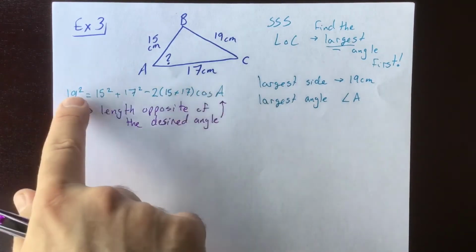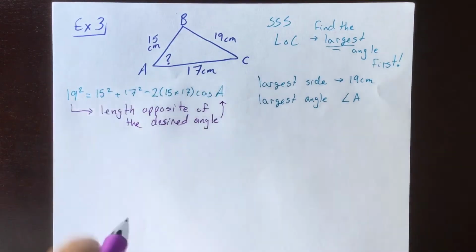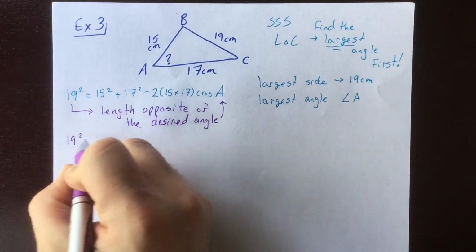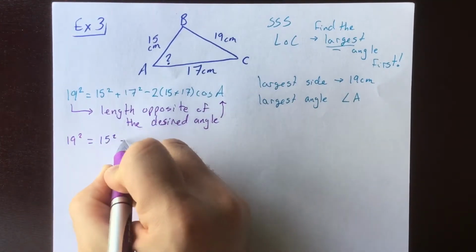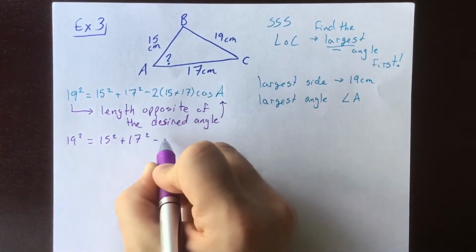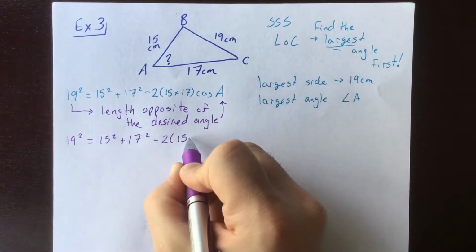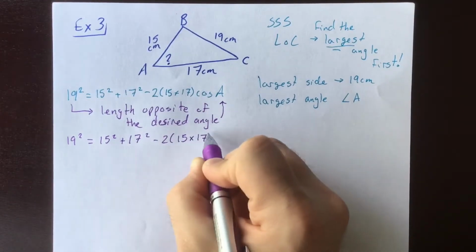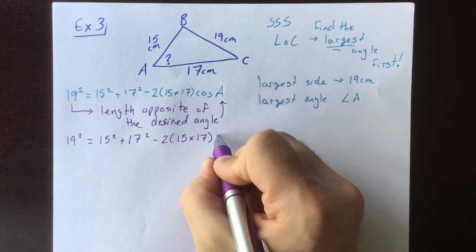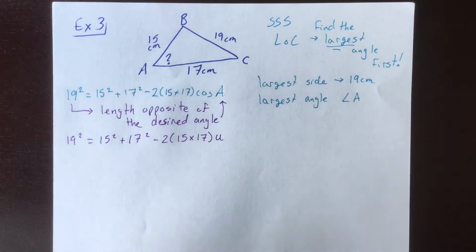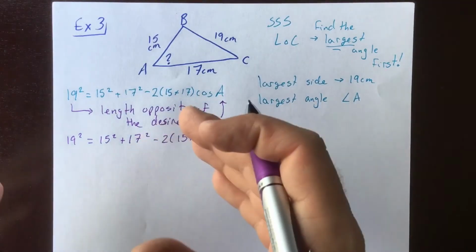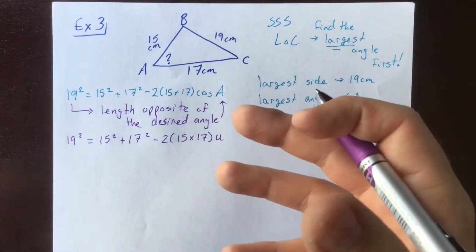So we're looking for angle A, so length A must be placed alone. So now, rewriting this. Okay. And rather than writing cosine of A, I'm going to write U. So I'm going to solve for U. Once I get U isolated, I'll place cosine of A back in.